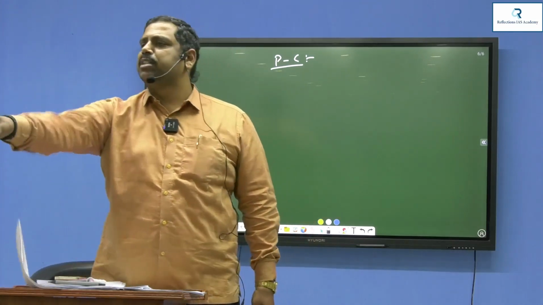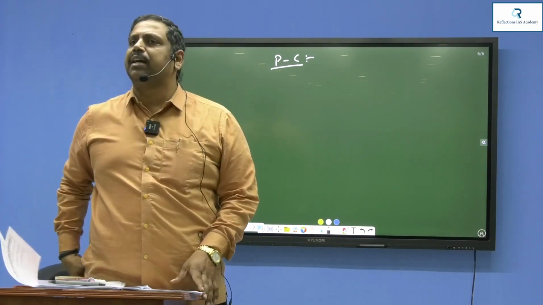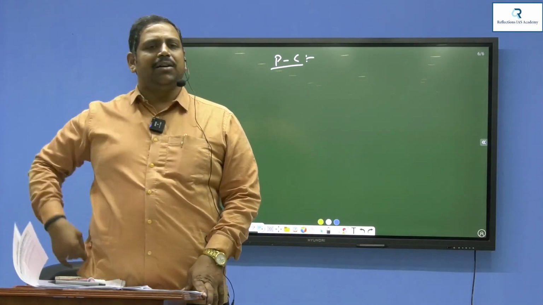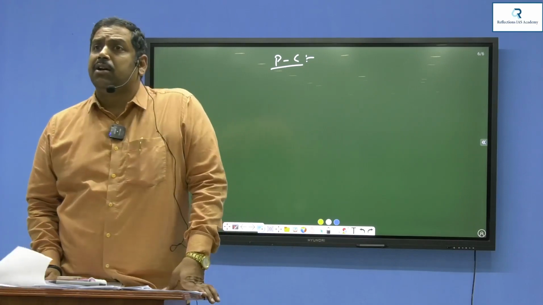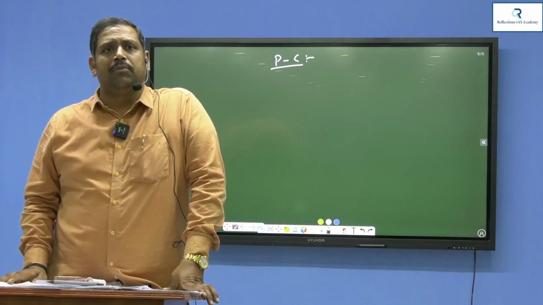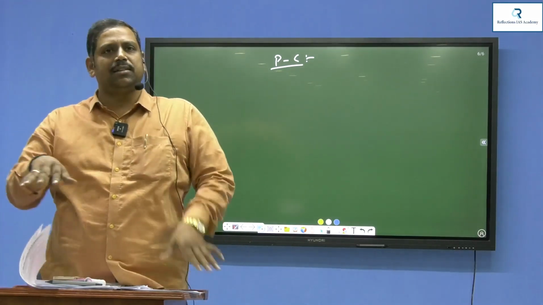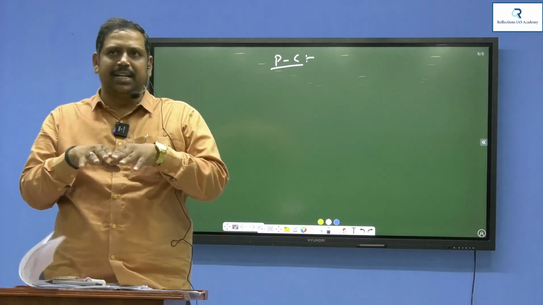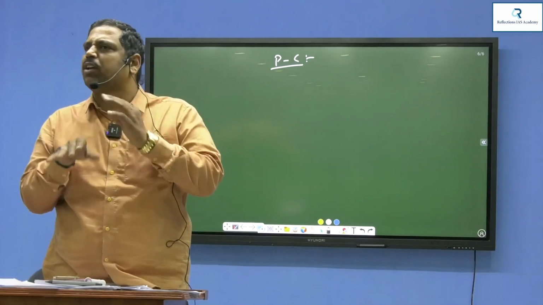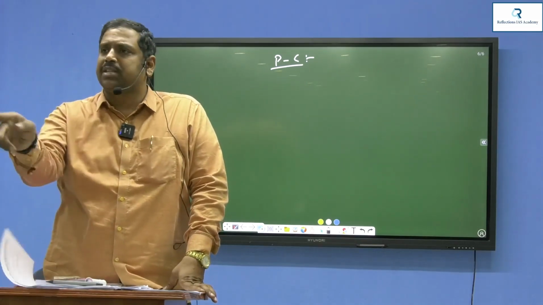Her name is A, her name is B. A and B I have invited to play the chess match. Will anybody ask me, sir, whom you have chosen first, A or B? Will you ask such a question, or will you say these 2 members, rivalry is good, it's a good match? Or will you say, sir, these 2 are not a good combination? Will you say like that, or will you ask whom you selected first?